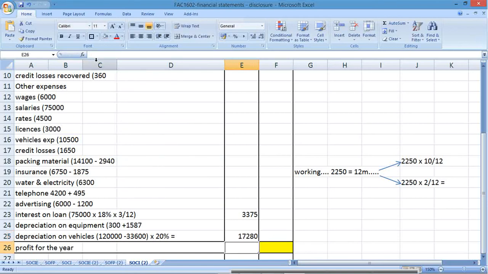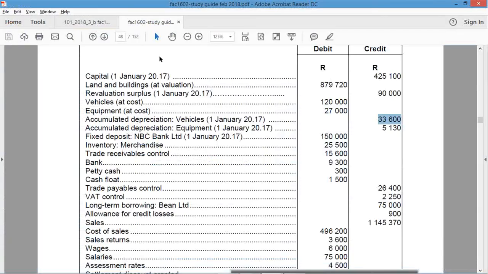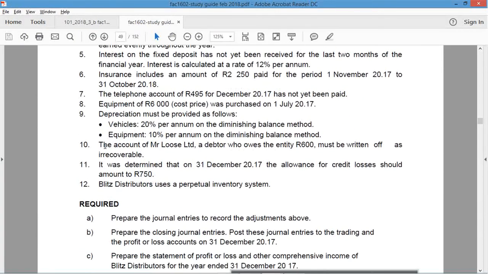Okay, I didn't put brackets in mine. Let me do it with brackets. Yeah, 17,280. Okay. Now what? Then you're going to have to account for it. Where? On the vehicles. So it's minus 17,280. Okay, and that's another one complete. Right. What happens here?